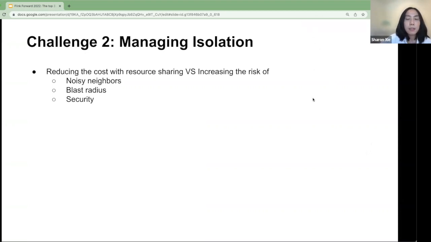On the other side, there's always the balance between reducing the cost with more resource sharing versus increasing the risk of more noisy neighbors, bigger blast radius, and potentially lower security. So how do we think about that?